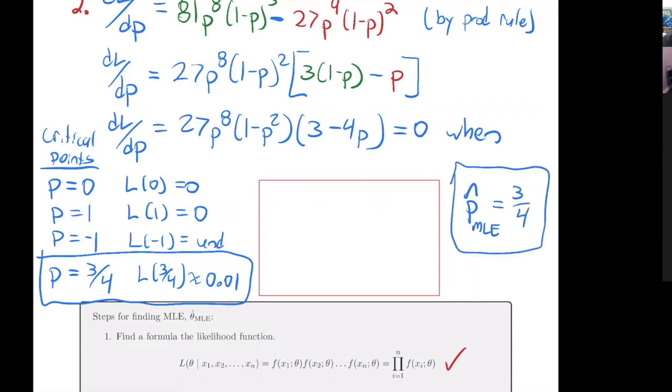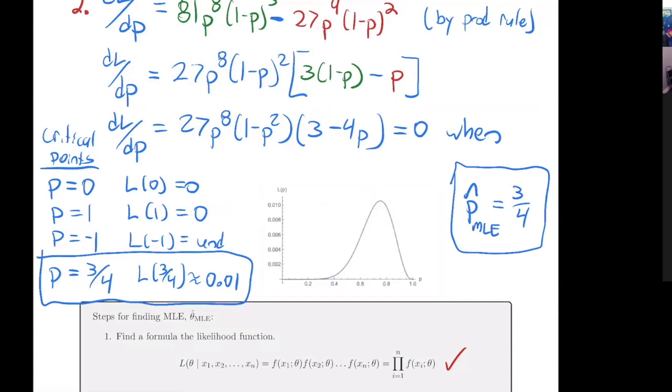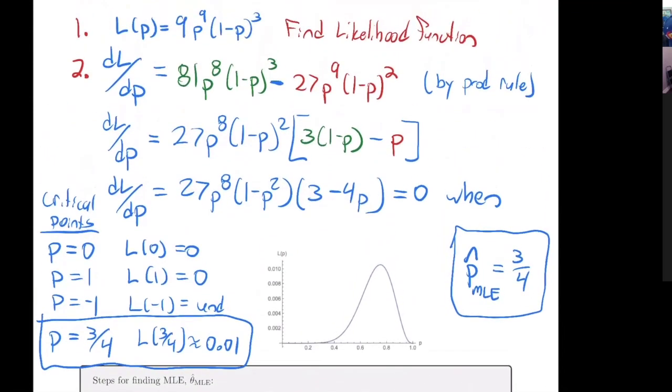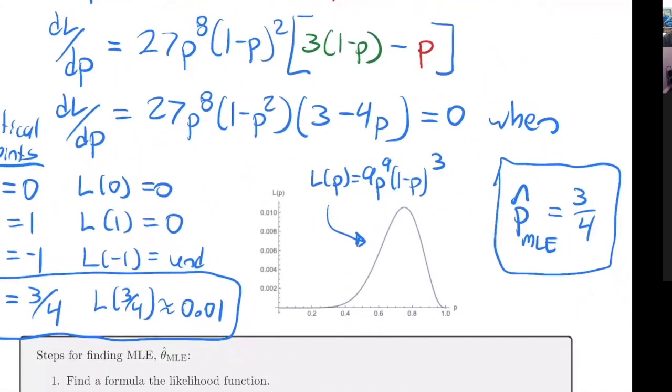So the maximum likelihood estimator would therefore be 3/4, since that is the value of p that maximizes the likelihood function. And what's graphed down below is exactly that function.